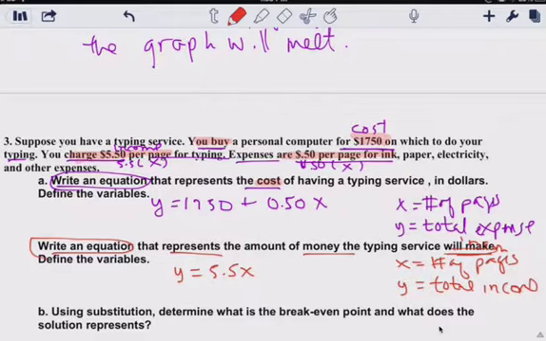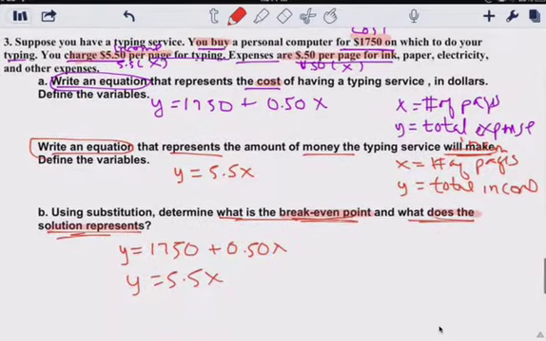Use substitution, determine the break-even point and what the solution represents. Okay, so you need to find the break-even point and what it means. Alrighty, got it. You have two equations. y equals 1750 plus 0.5x, and y equals 5.5x.